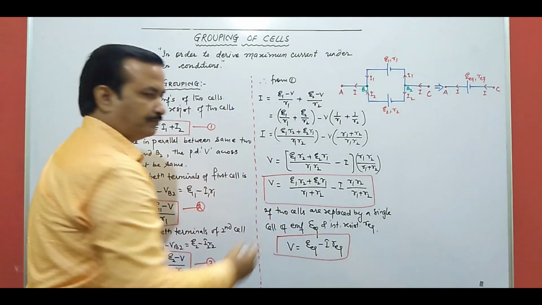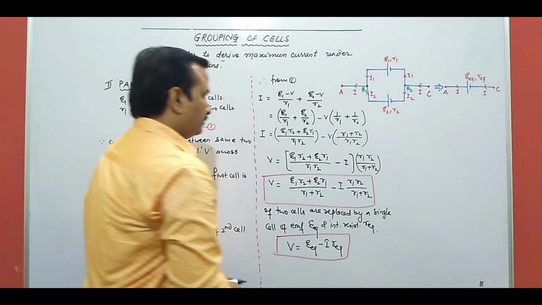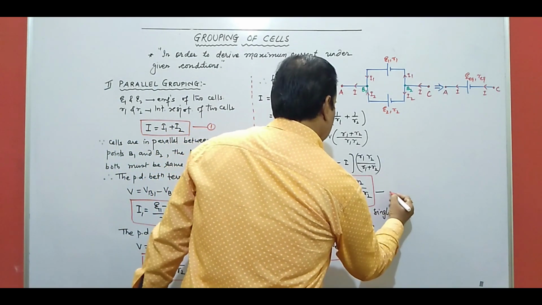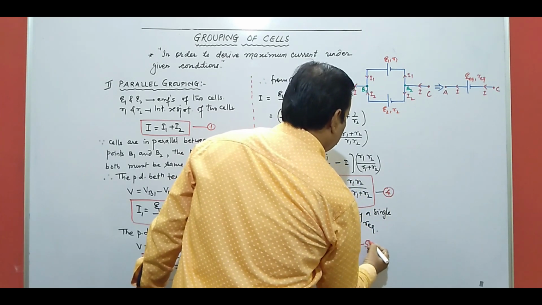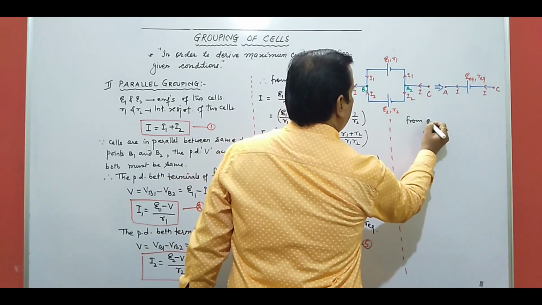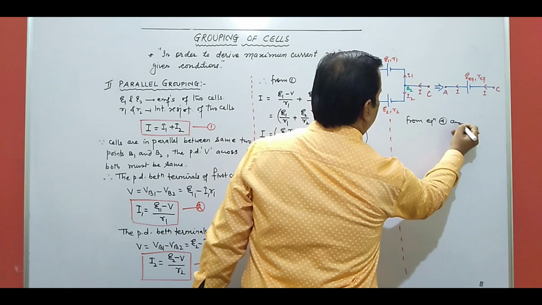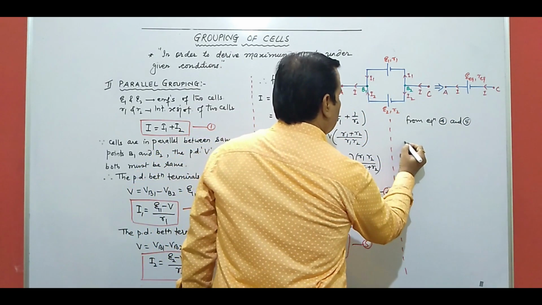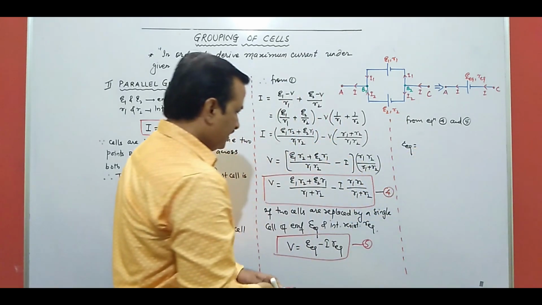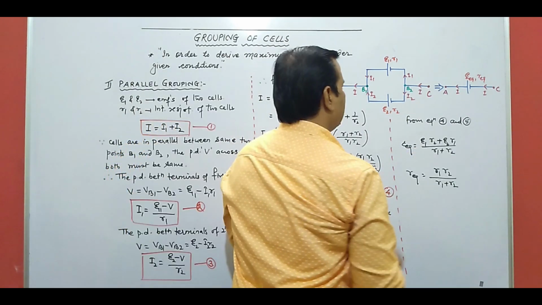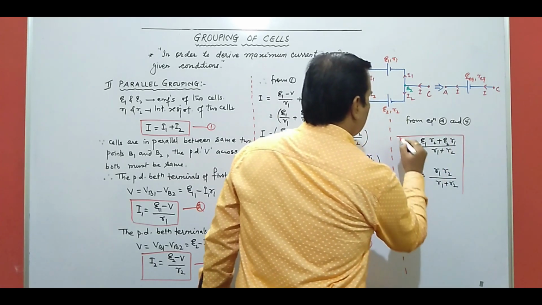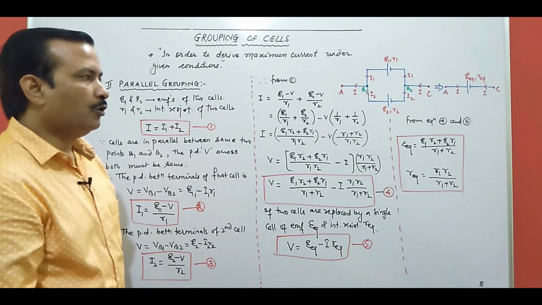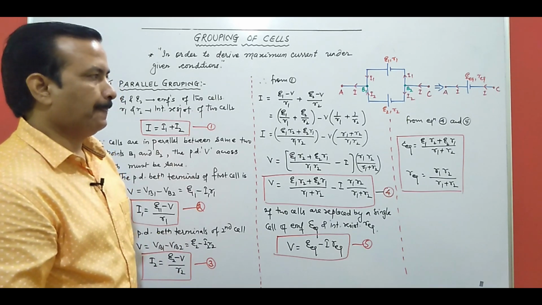This will be for a single cell. So this equation will be your 4th, this is your 5th. From equations 4 and 5, what do we have? E equivalent. Compare these. These are the equations for the parallel combination of two cells.